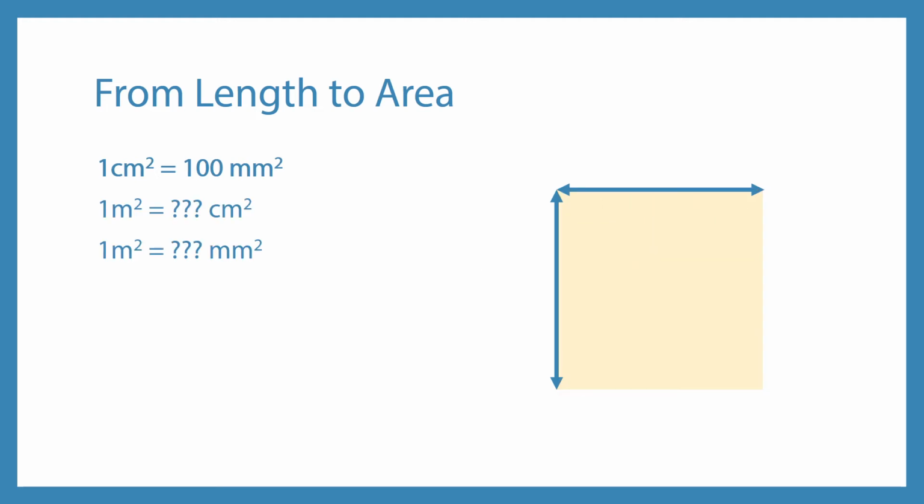So now we're going to look at what would happen if we converted from meters squared into centimeters or millimeters squared. So we can use our square over here to help us. So if we had 1 meter by 1 meter, that would make this 1 meter squared. Now, 1 meter equals 100 centimeters.